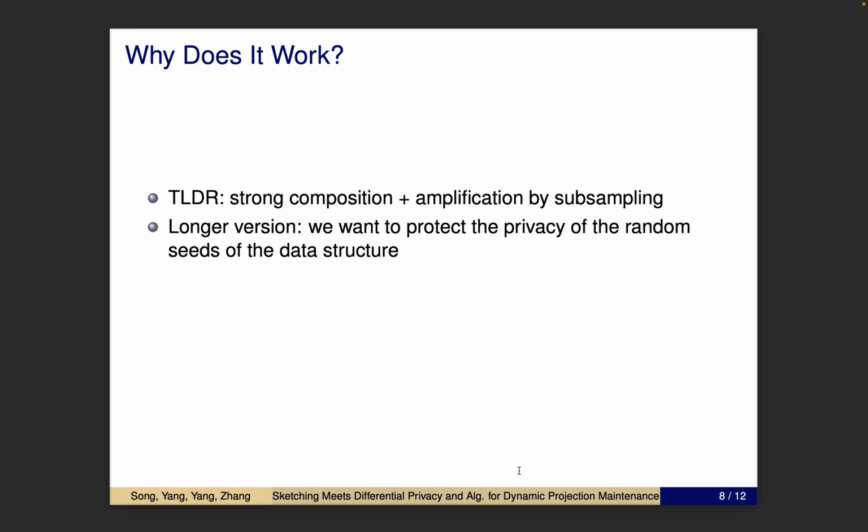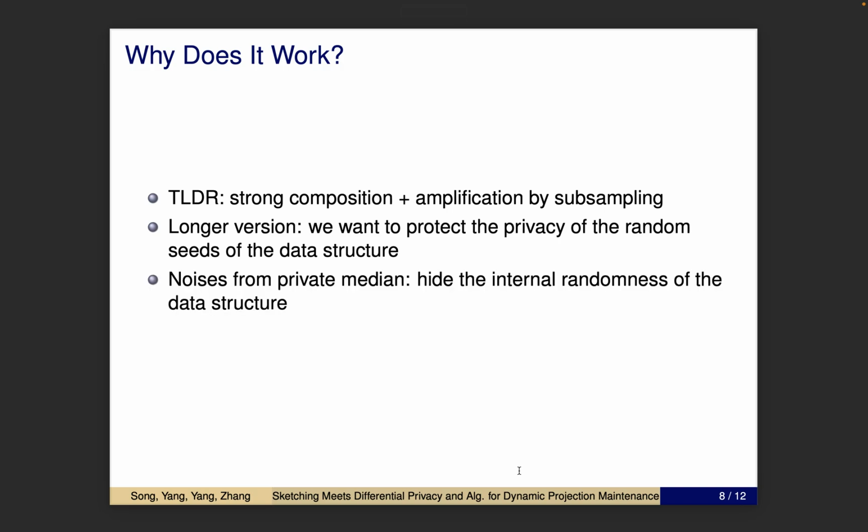Because for an adaptive adversary, with inputs that depend on all prior outputs, you should assume the adversary can learn the internal randomness of the data structures by inspecting all the prior outputs. So it's essential for you to protect the internal randomness. And this is where the private median comes into play. The noise from the private median effectively hides the randomness of the data structure.